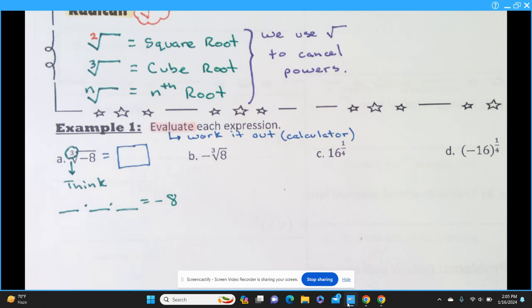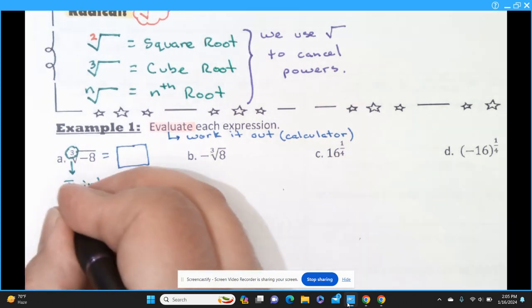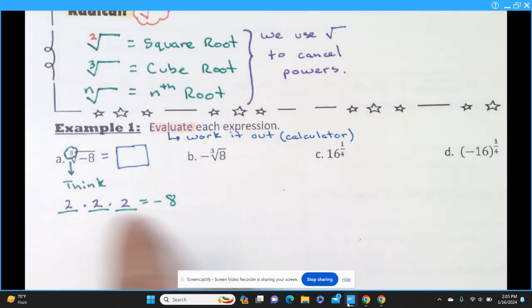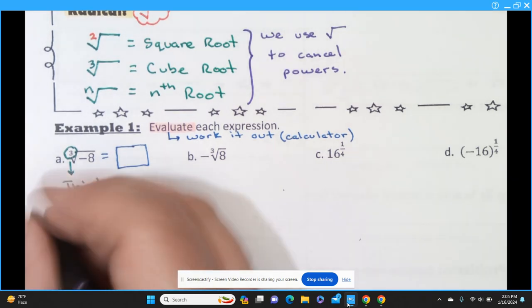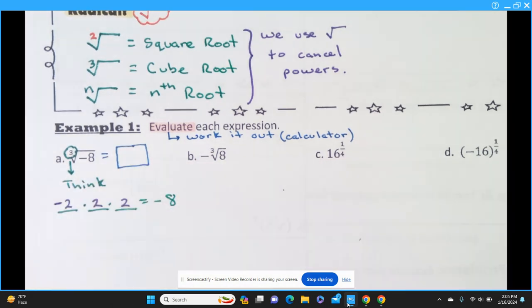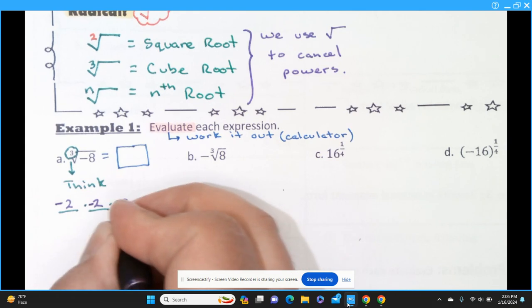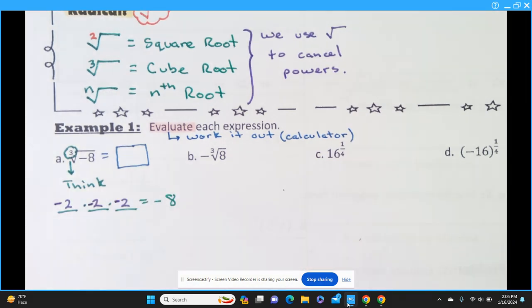Now, we already saw the 8 on top, so there's the hint. But remember, if you're thinking, oh, well, 2 times 2 times 2, that's 8. Well, that's great. You're right. 2 times 2 times 2 is 8, but it wants to be a negative. Here's what you can't do. You can't just say, oh, I'll make one of them a negative. Because if you make one of them a negative, you got to make them all a negative because they all need to be the same number.